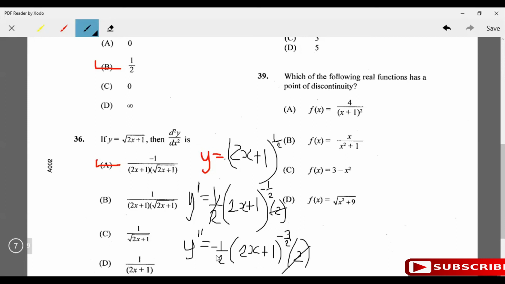This 2 cancels the half. What we're left with is that the second derivative is minus 1 over 2x plus 1 to the 3 over 2.